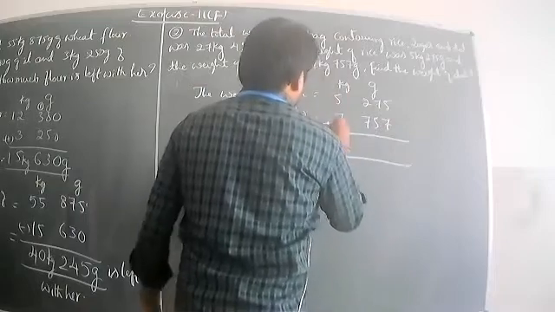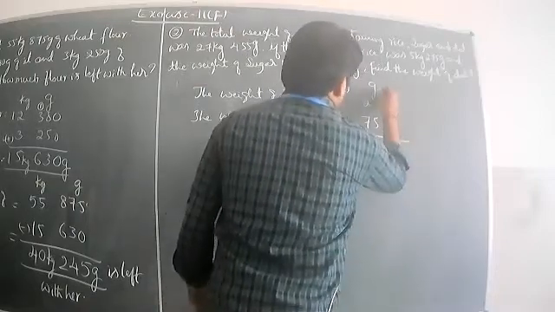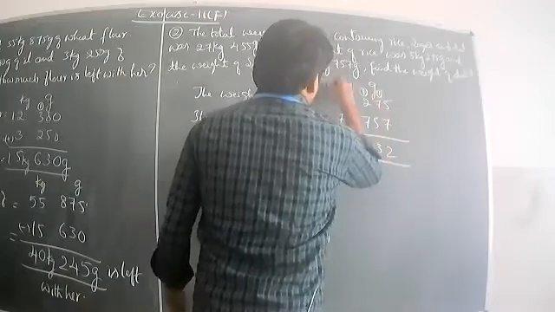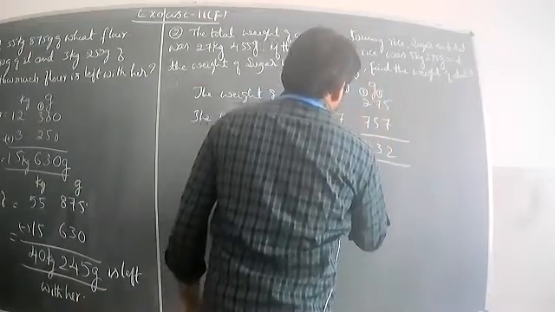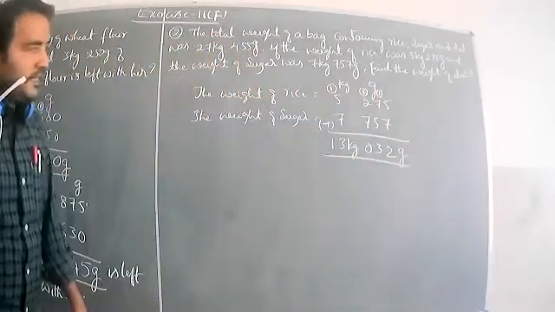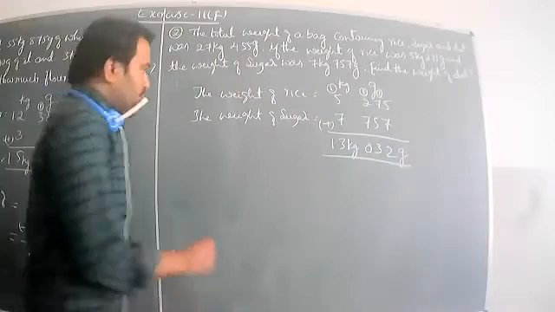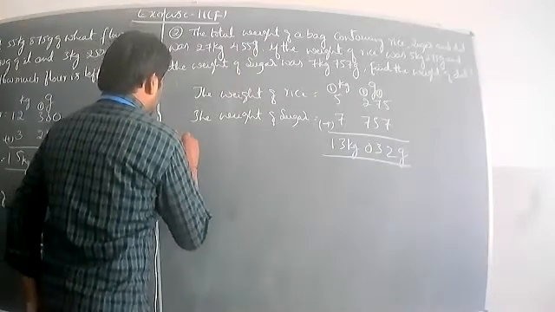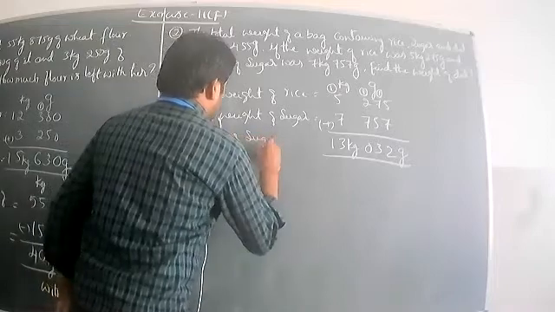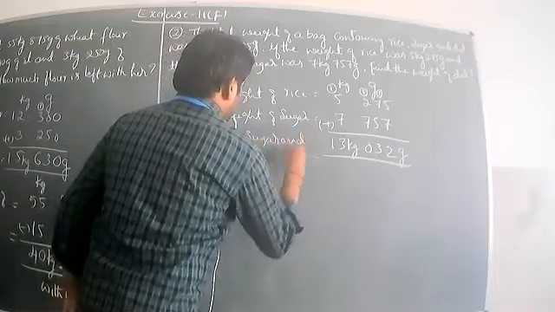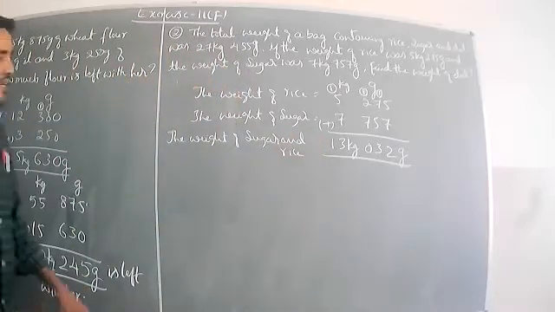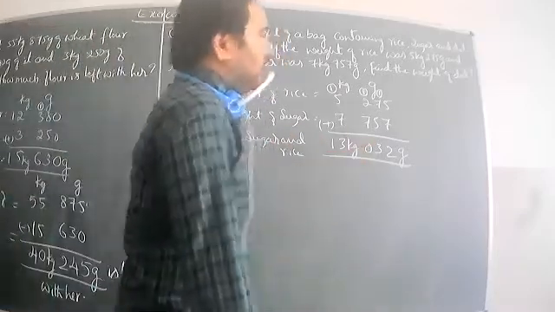Add. Okay. 12, 1 carry, 13, 1 carry, 10, 1 carry, 13 kg 32 grams. This is the weight of sugar and rice, 13 kg 32 grams.